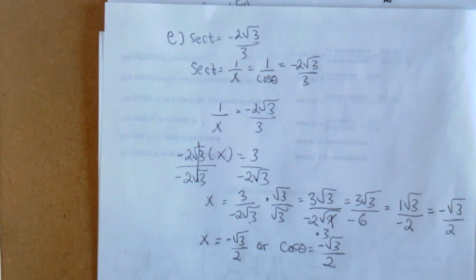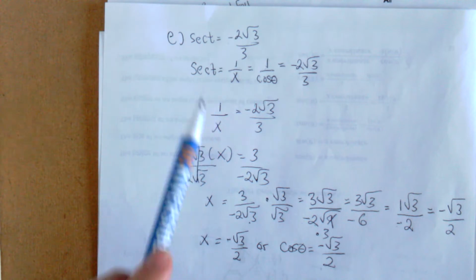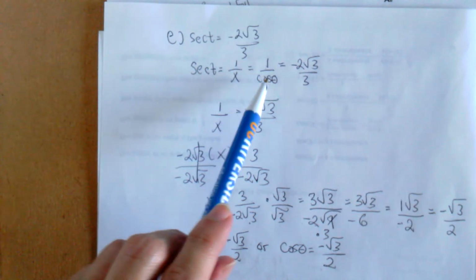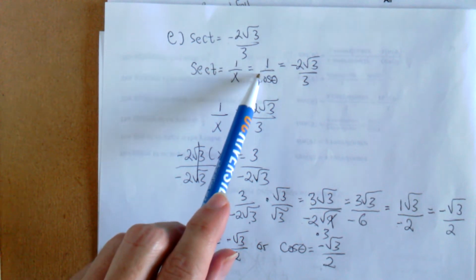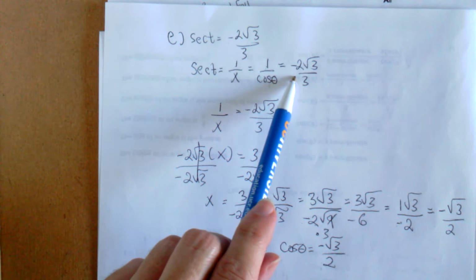In other words, when cosine equals -square root of 3 over 2, secant equals -2 square root of 3 over 3, because 1 divided by -square root of 3 over 2 gives us -2 square root of 3 over 3.